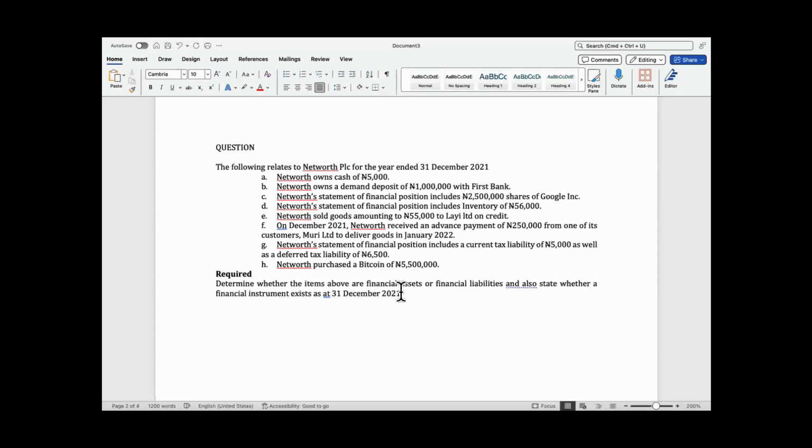The first thing you need to do is look at Net Worth, because the entity in question now is Net Worth. You need to see whether Net Worth has financial assets or financial liabilities. After you have determined what Net Worth has, you now also state whether there is a financial instrument contract here. Does a financial instrument exist here?